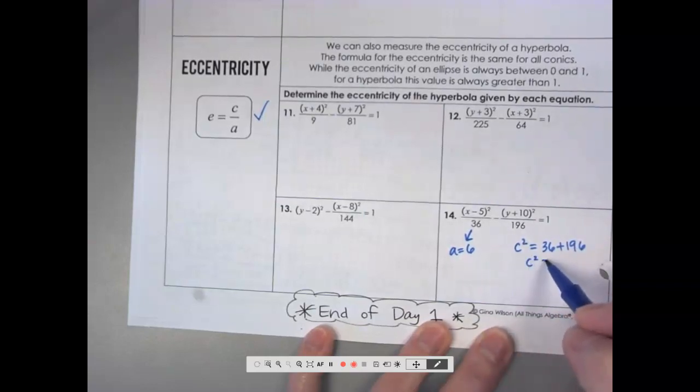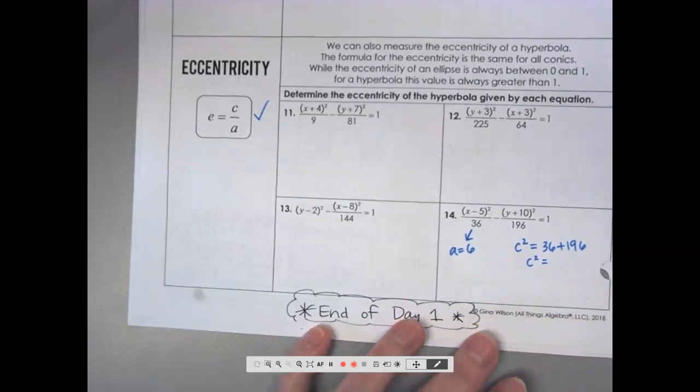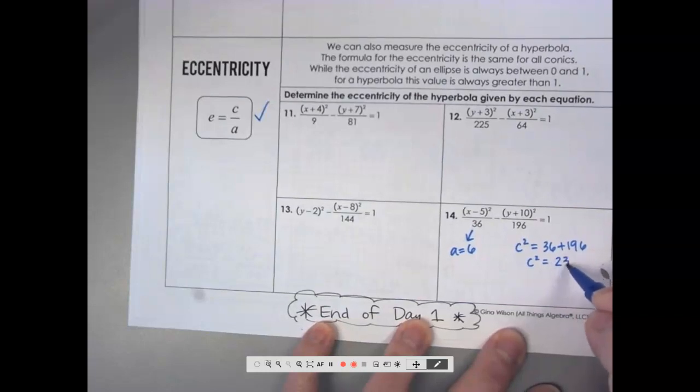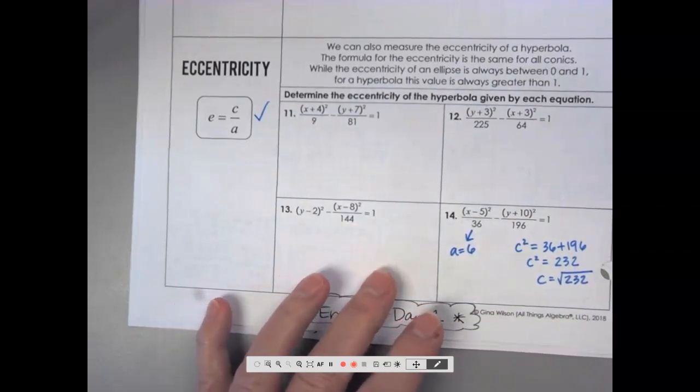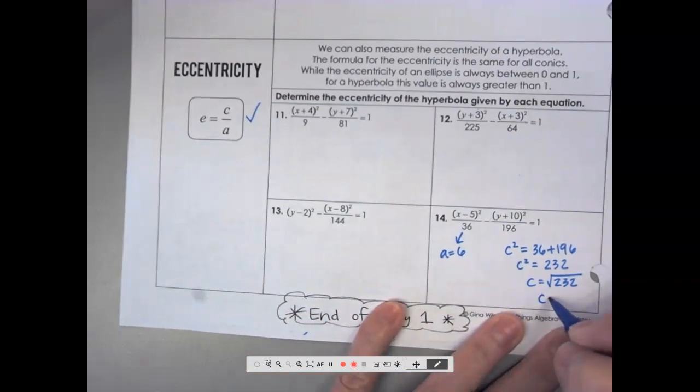So C squared is 196, 232. Let's square root that and see if that does simplify. I have no idea if it does. 2 square root of 58.